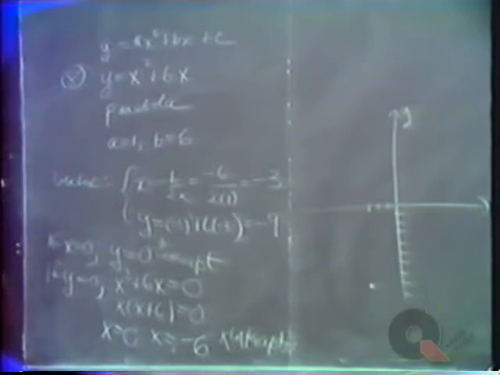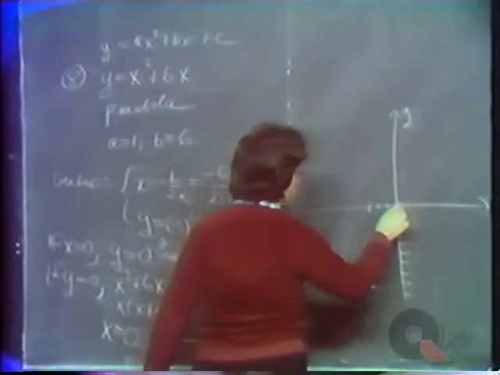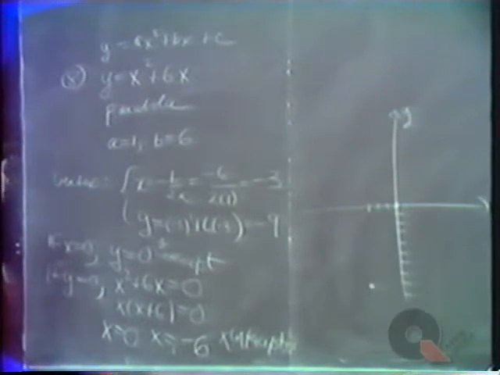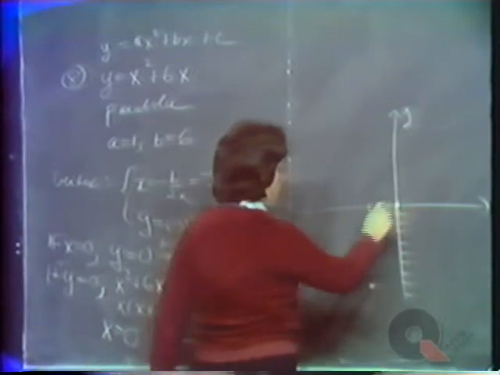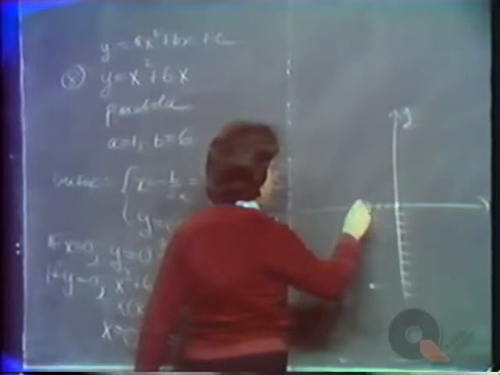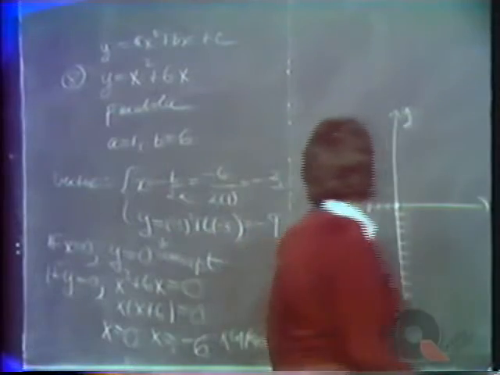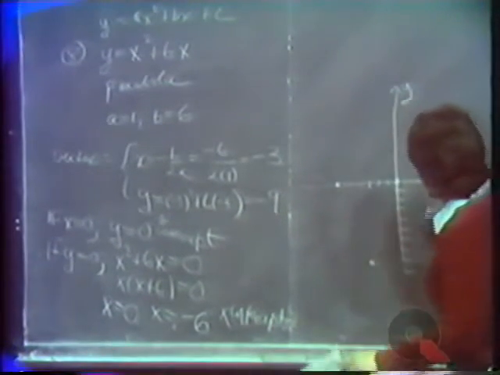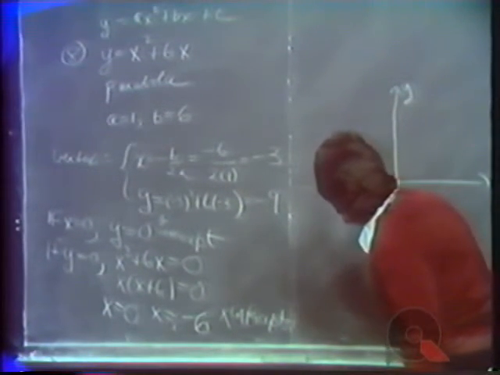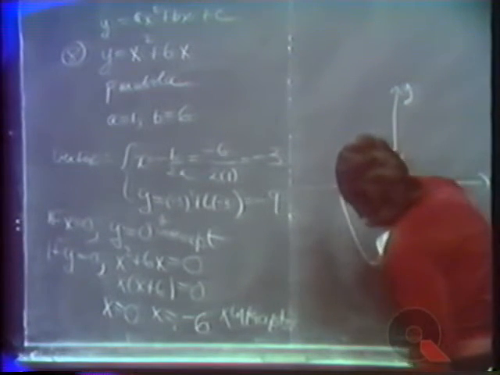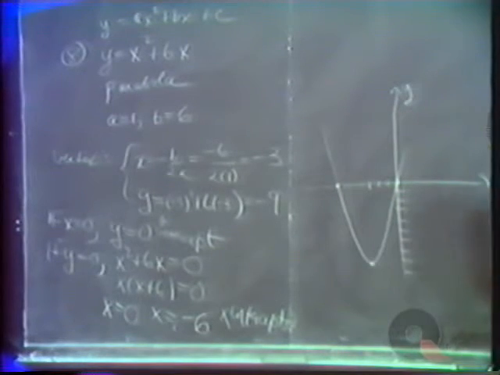We have y-intercept at 0. x-intercepts of 0 and minus 6. 1, 2, 3, 4, 5, 6. And of course the parabola is going to be opening upward through this vertex and continues in either direction. And that brings us to the end of this tape.